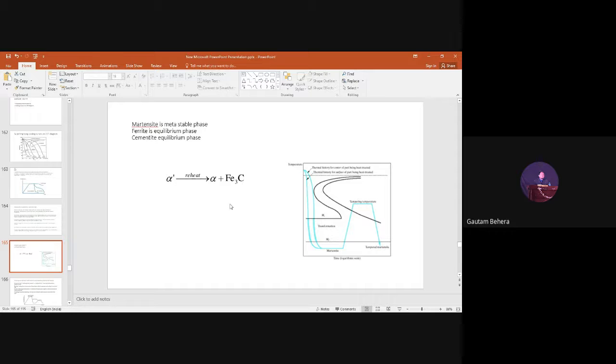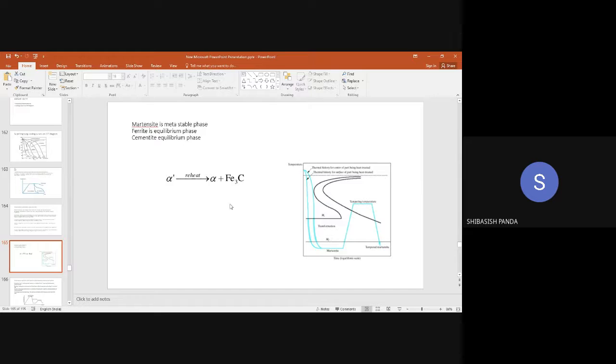How many transformations are there? Don't tell me liquid to solid phase transformation and solid to solid phase transformation. Just remember the TTT diagram and tell me how many types of transformations are possible. How many of you remember in how many parts we can divide the C curve of the TTT diagram?